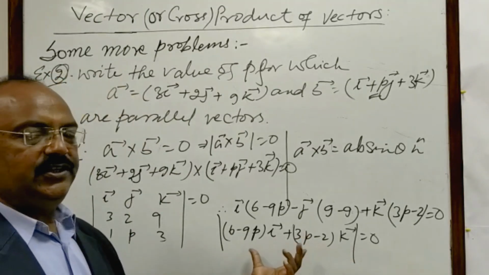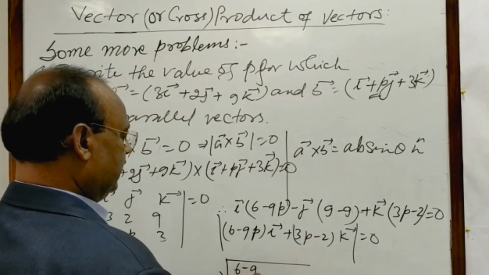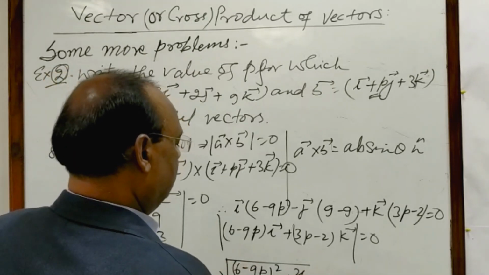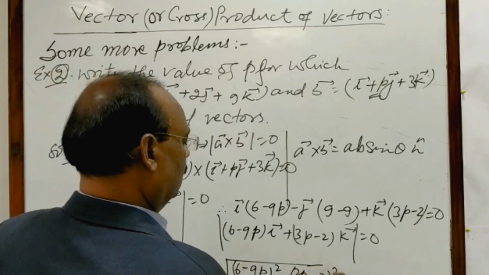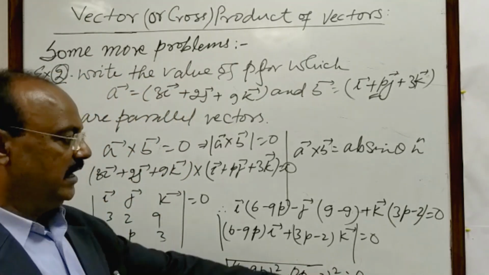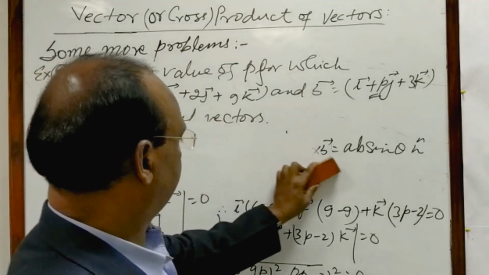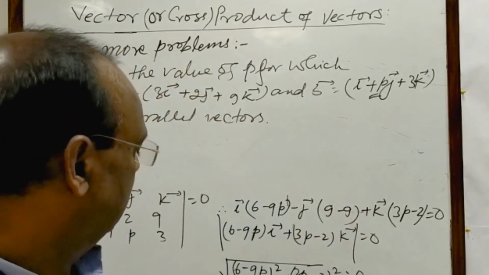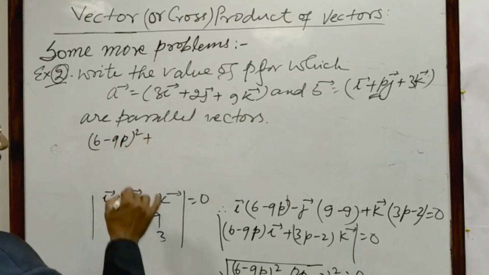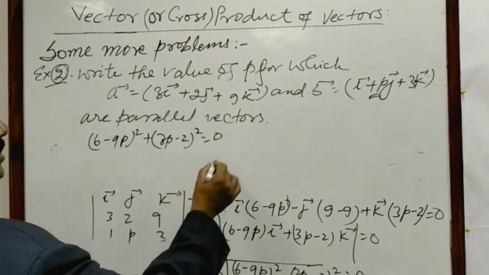Now let us find the magnitude of this vector. This will be equal to root over (6 minus 9p) whole square plus (3p minus 2) whole square, is equal to 0. Now squaring both sides, because the right hand side is 0, you can write (6 minus 9p) whole square plus (3p minus 2) whole square is 0.